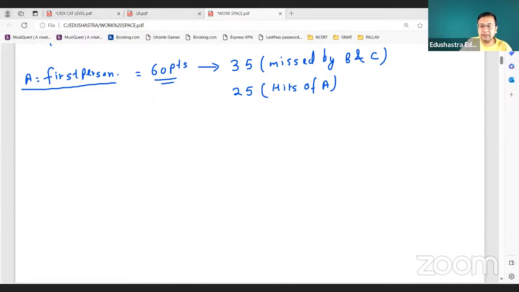Taking some random number, if I say A is hitting 15 shots, so 15 hits are there for A, right? So 15 hits, getting 2 points each, how much? 30 points by hits.